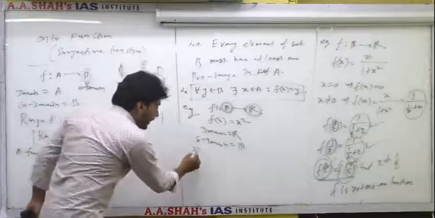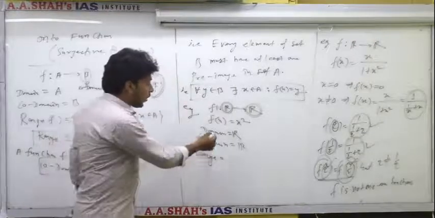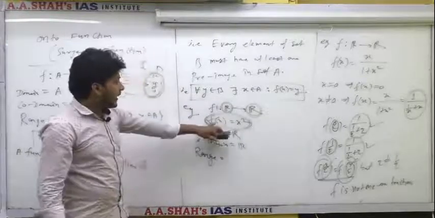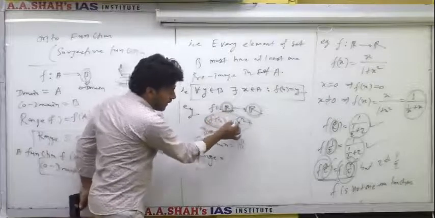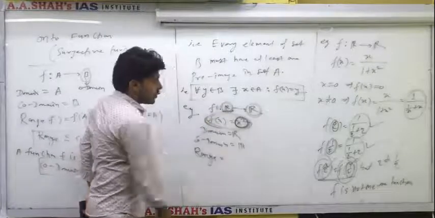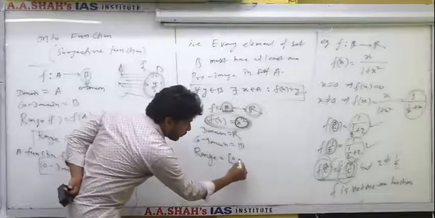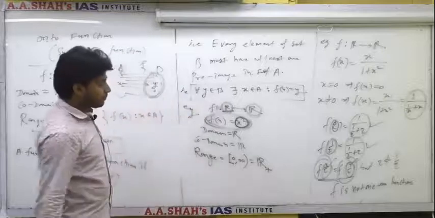So we find the range. Range is all possible values of function f(x) when x lies in the domain. So if x is any real number, then x square will always be a non-negative real number. So range will be 0 to infinity, means non-negative real numbers.